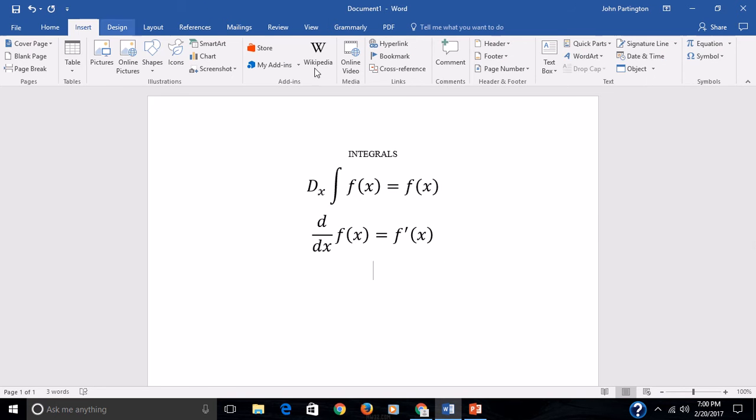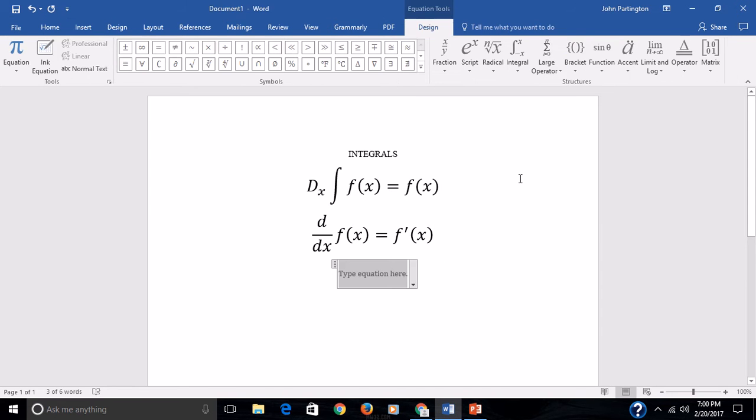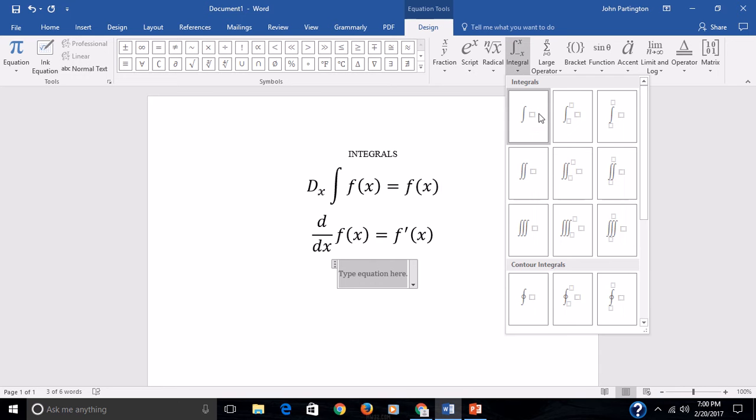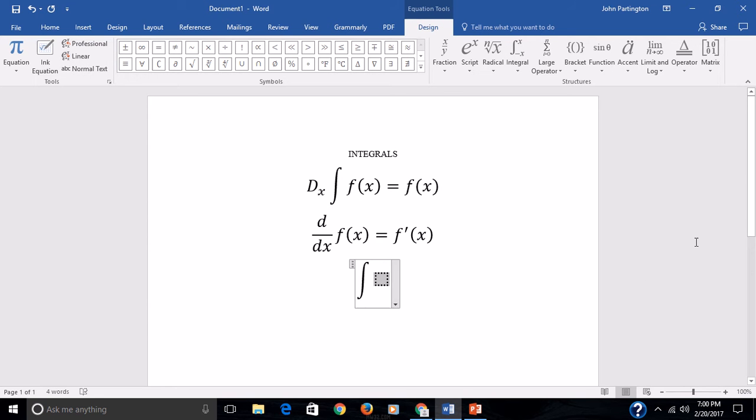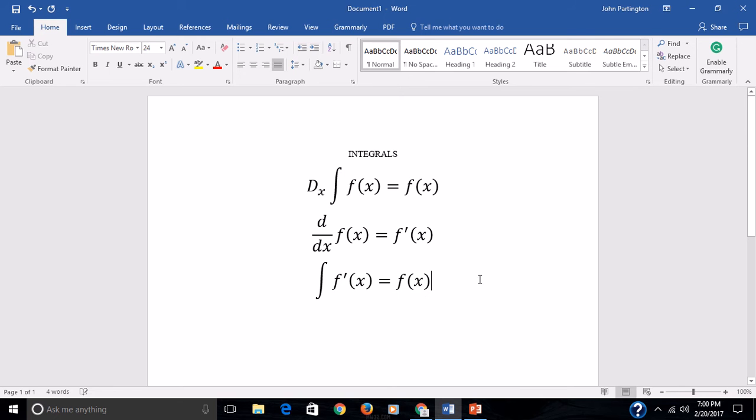Now we can say that the integral of this f prime of x equals f of x.